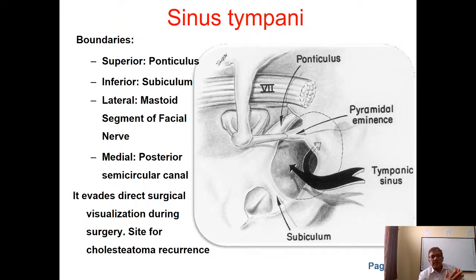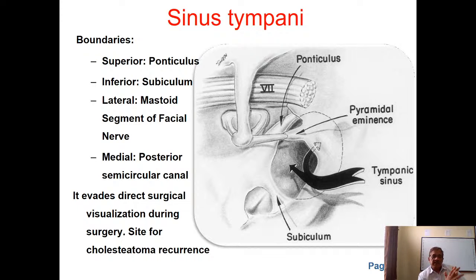So sinus tympani gains its importance because the cholesteatoma, the disease, sometimes goes into the sinus tympani and lurks there, and that is the area where you have to particularly understand the anatomy and try to remove that cholesteatoma from that pouch-like thing, the sinus tympani.